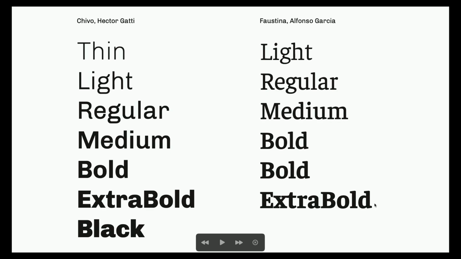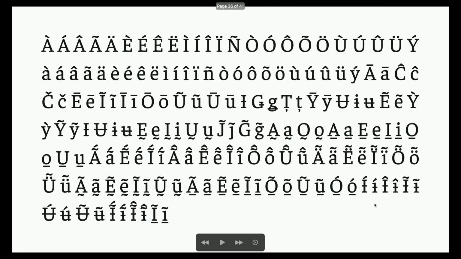And they are really interested in this type of customization for indigenous languages, as they are also South Americans. So we had this sans and a serif typeface. And then we ended up with this character set of indigenous characters.